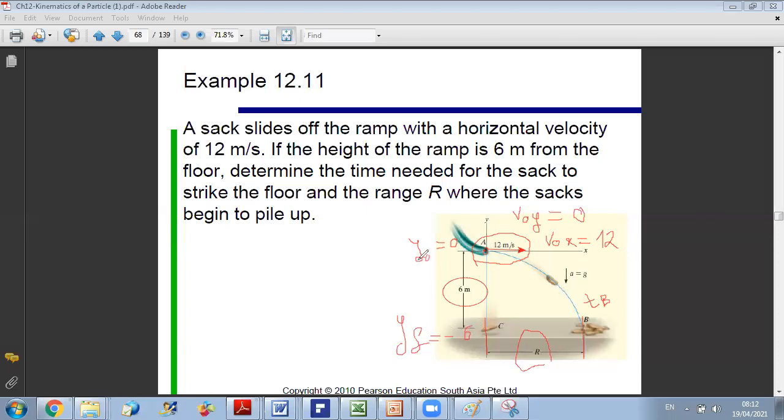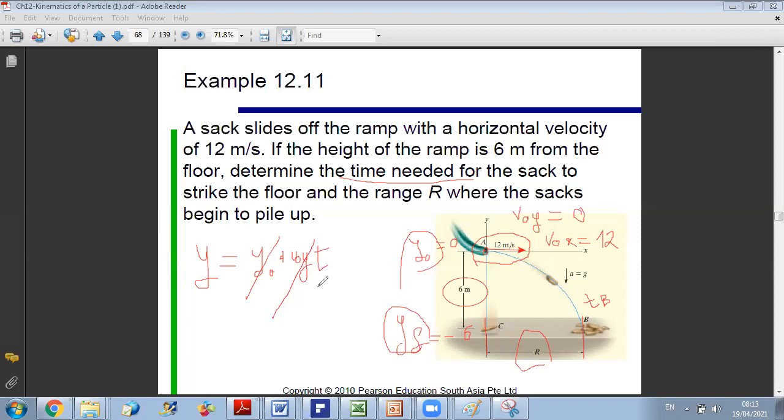Since I know delta y, y initial, and y final, then in order to get the time needed to reach B, the best way will be to write the relation of y. So I know that for projectile motion, y can be written as y0, which is 0, plus v0y t, which is also 0 since v0y is 0.